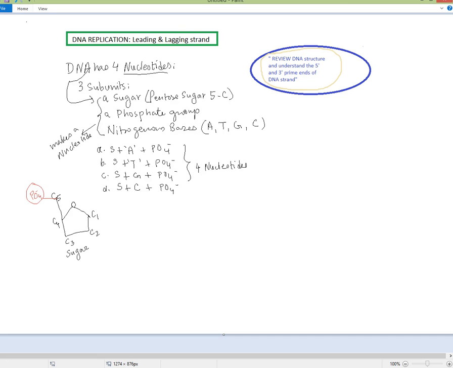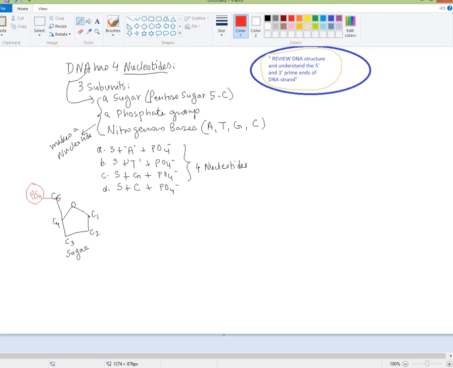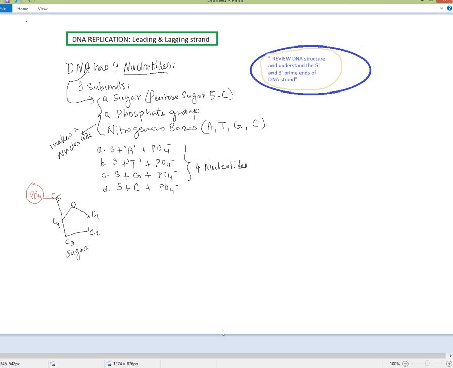And now we have to connect the base, the nitrogenous base.